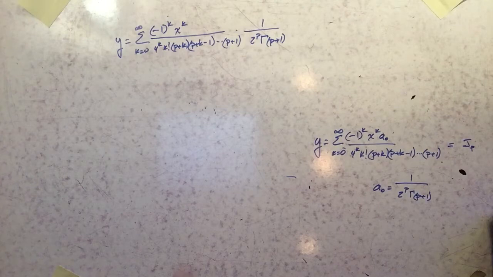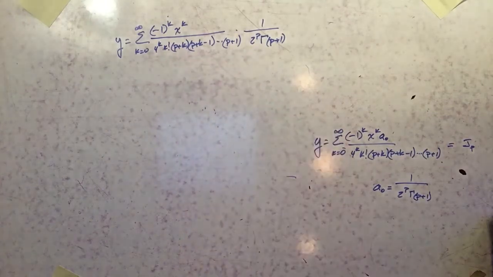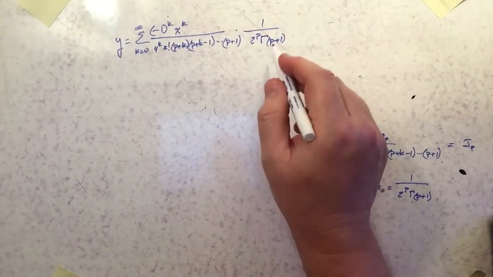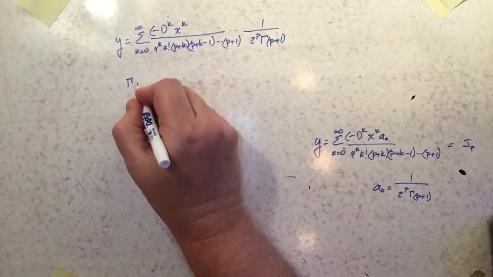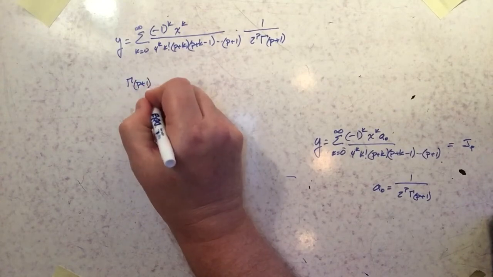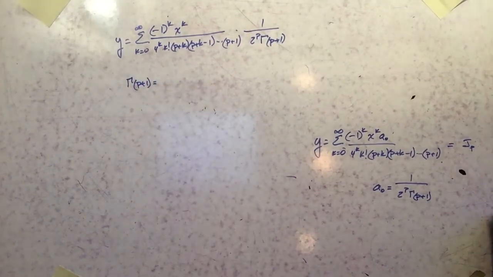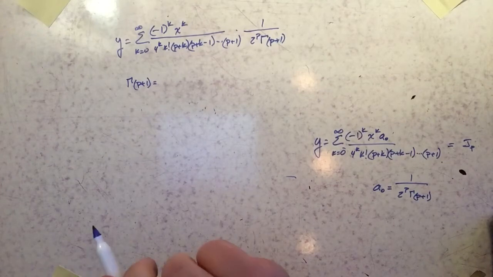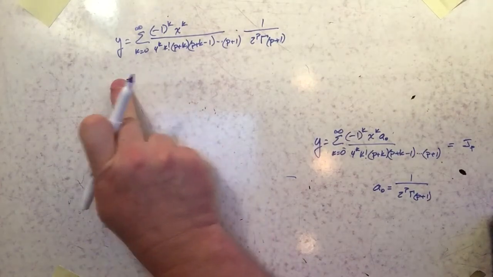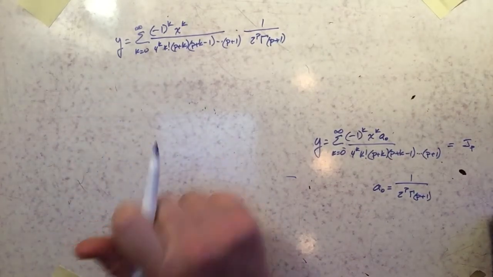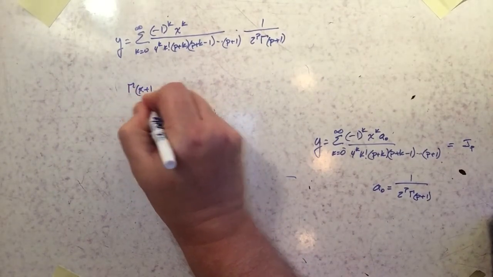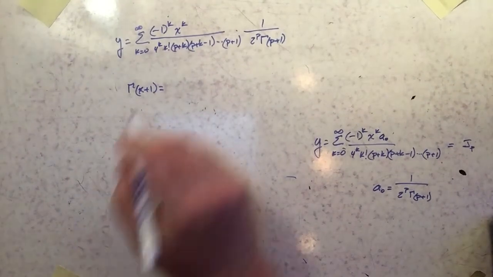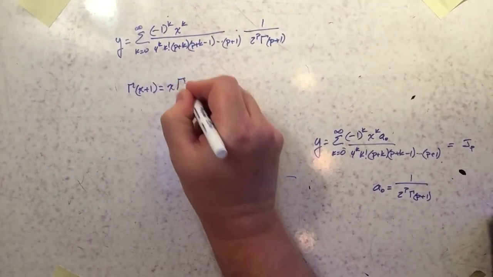What we're going to use it for here is in simplifying the Bessel function, because one of the properties of the gamma function overall is that gamma of x plus 1 is always equal to x gamma of x.